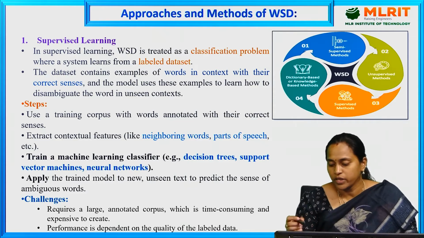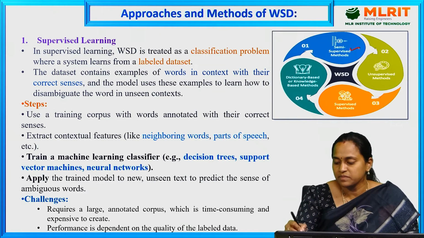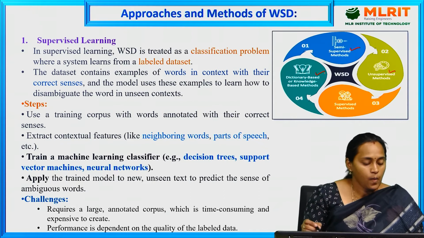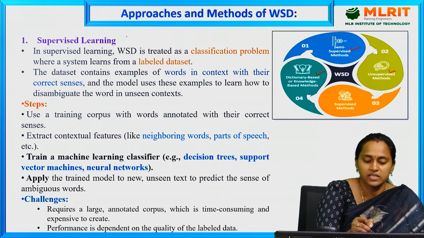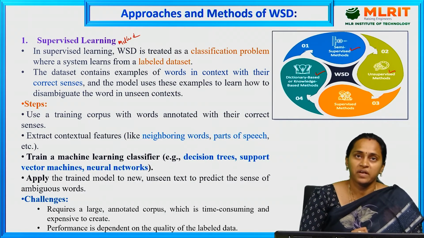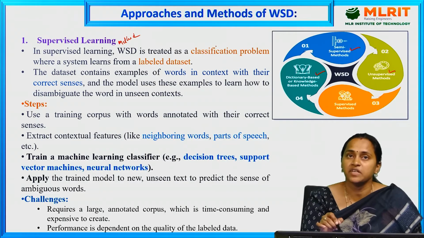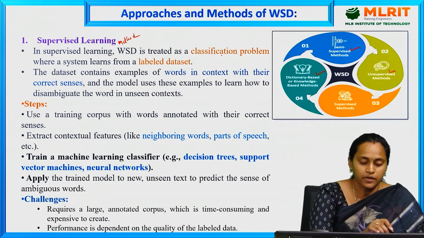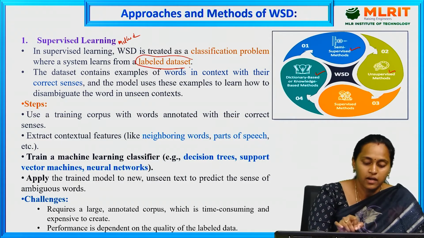Here there are types of methods: supervised methods, unsupervised methods, and dictionary-based methods. Coming to the first one, the supervised learning method. What is the meaning of supervised learning method? It is a classification problem to classify data by using a labeled data set.